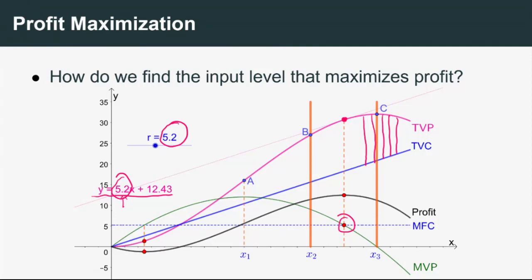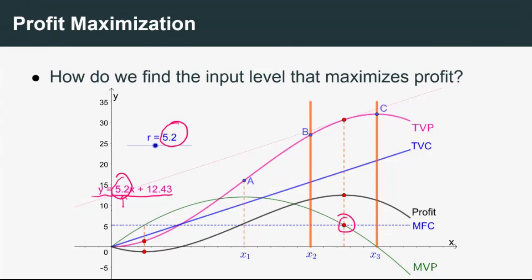And you get that largest difference when the slope of the tangent line of TVP, which is this line, is equal to the slope of your TVC. So when those two slopes are the same, then your profit is maximized.